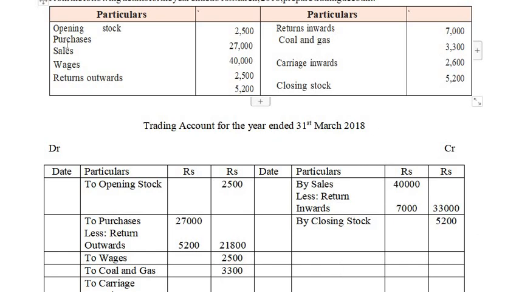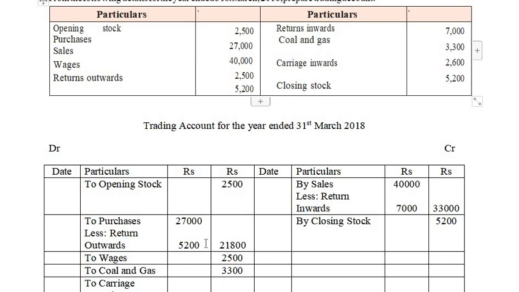See this problem. The opening stock in the trading account you write on the debit side, to opening stock. Then purchase, the second one, also on the debit side, to purchase. Before writing a value in the outer column, you have to see whether there is any purchase return or return outward. Your return outward is given as 5,200.